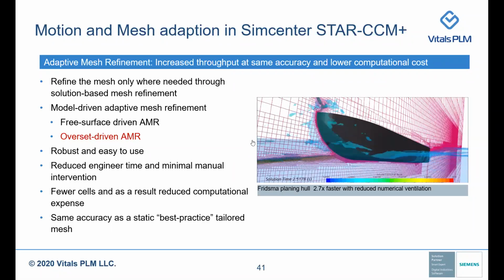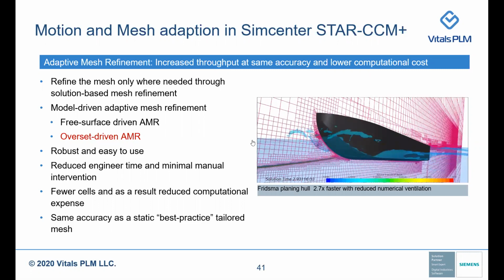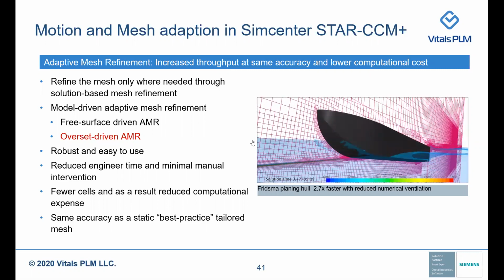It's easy to use with minimal modeling parameters, and it's useful to reduce the engineering time because you can minimize the manual intervention, and also you can avoid a larger number of cells. Using the adaptive mesh refinement technique, it only keeps fine cells where they are required. That way you can save a lot of computational effort and time.